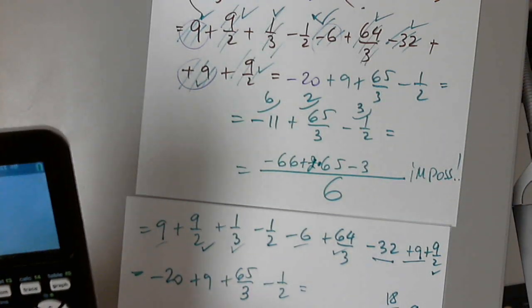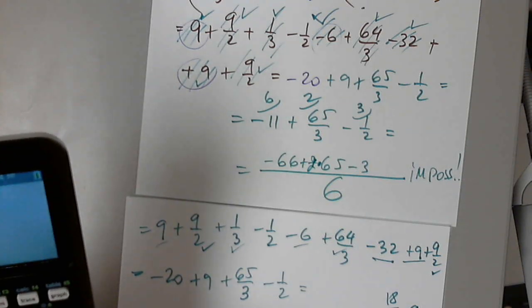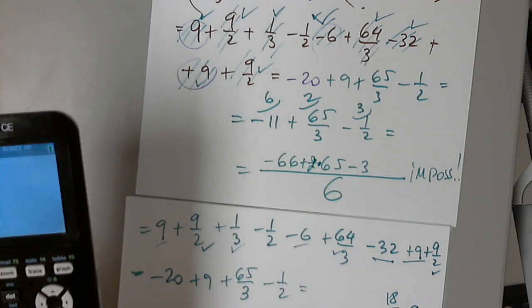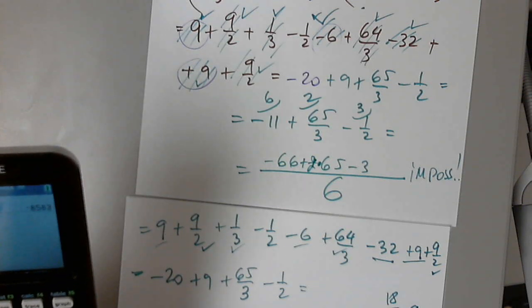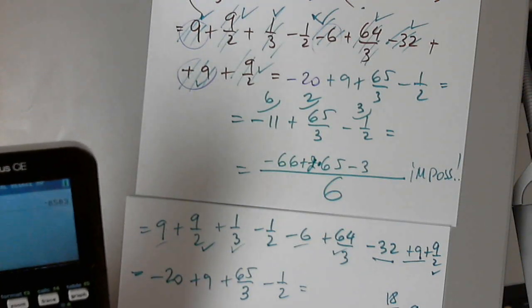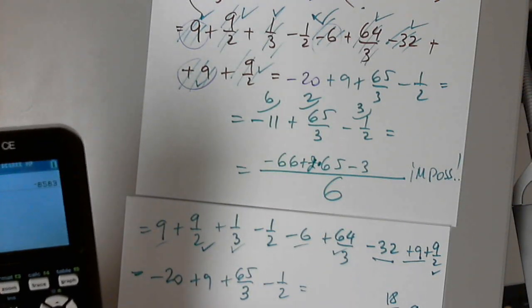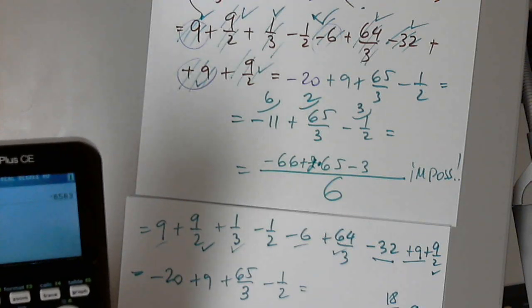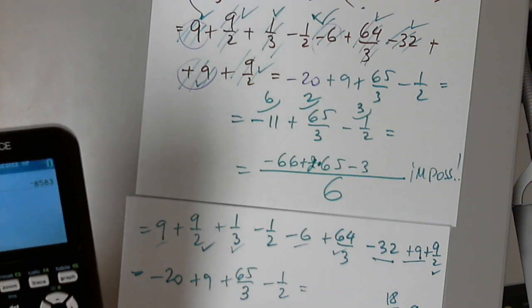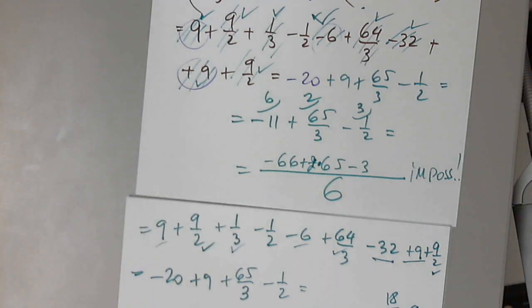So I'm sinking at the shore right now. I got there. Okay. So negative 66 plus, indeed, plus 2 times 65 and minus 3. So indeed, 61 divided by 6. Okay.